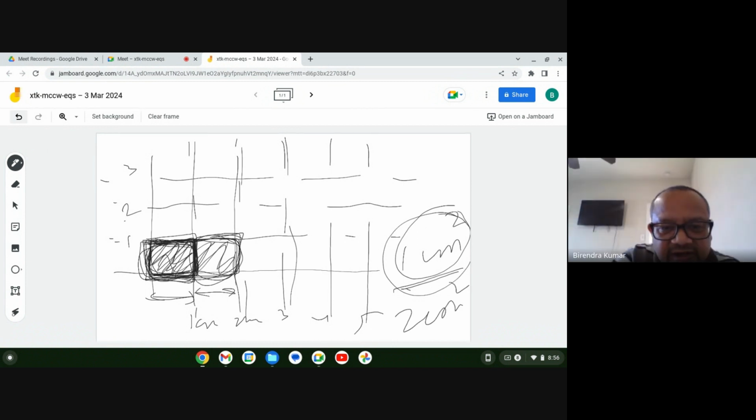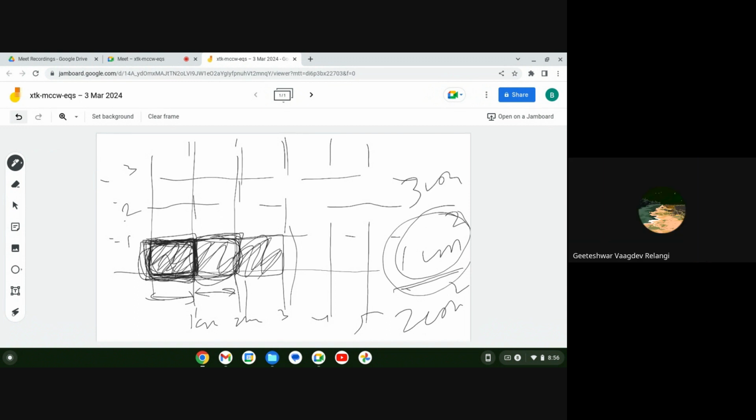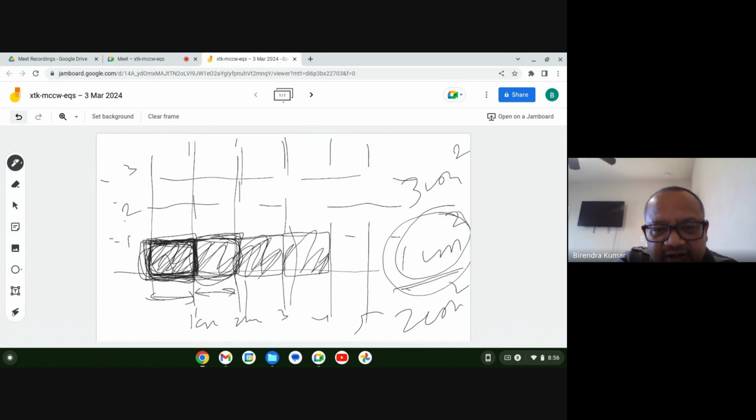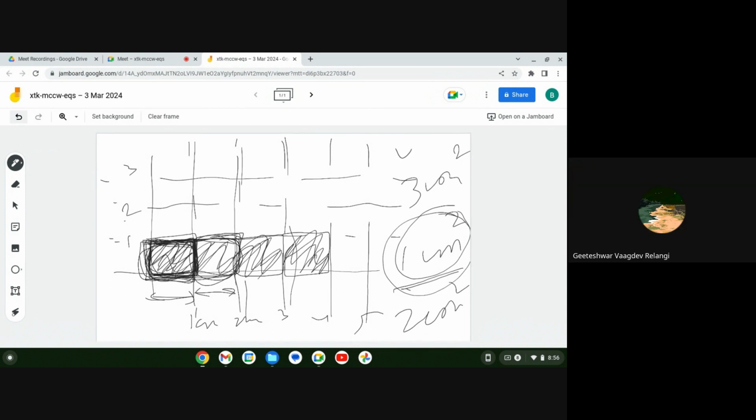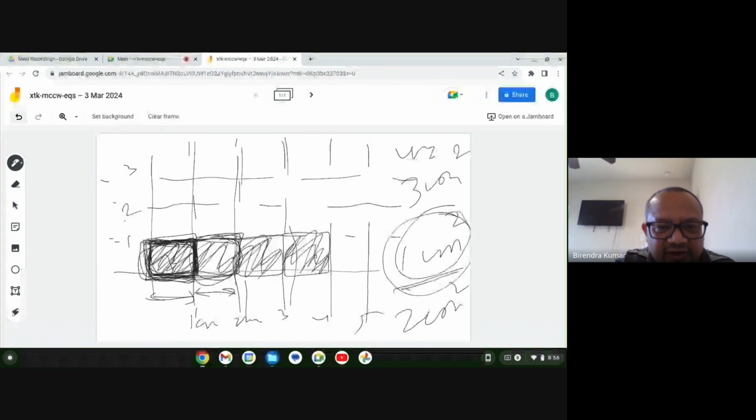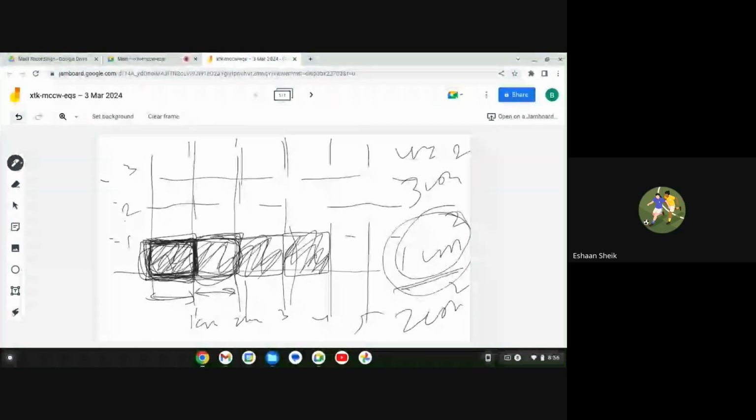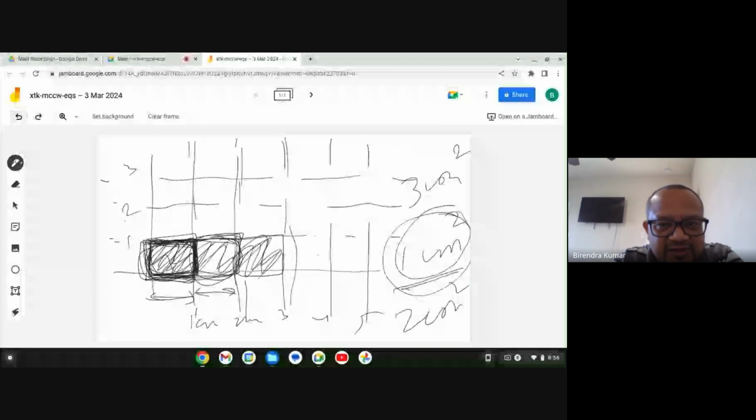If you expand this again, take the second block also, what does it become? 3 centimeters square. If you extend one more block, it will be 4, and then 5, and then 6, and then go on. Everybody is with me so far? Yes.